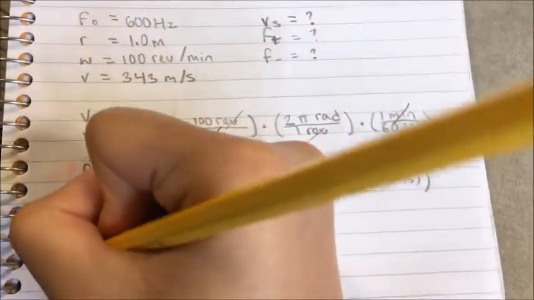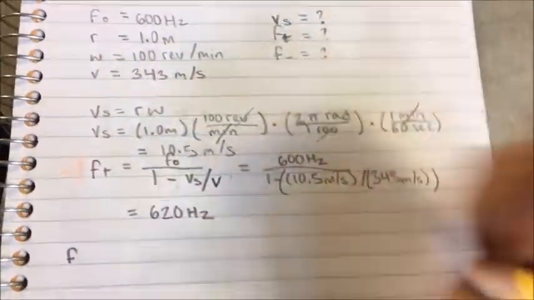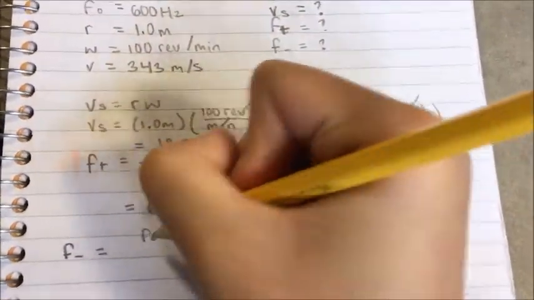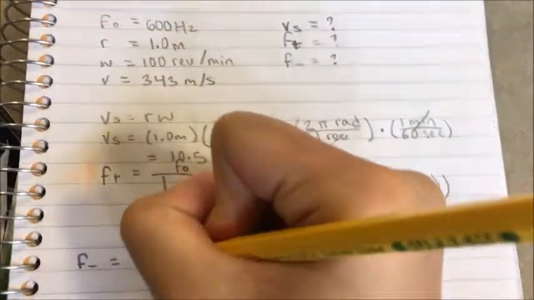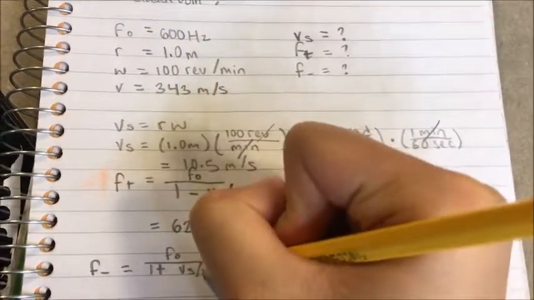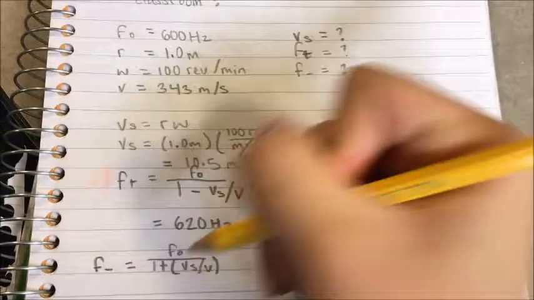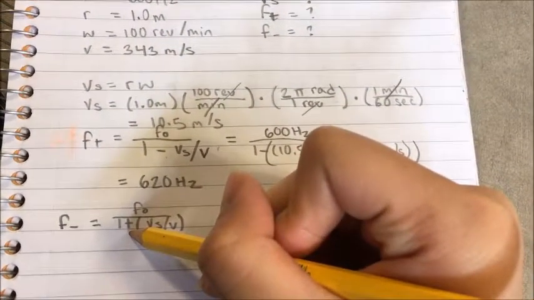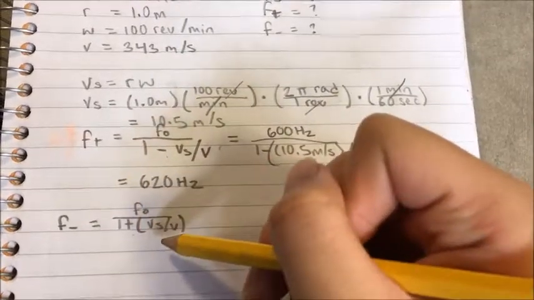And then we can calculate the frequency at the lowest, which is given by this formula. And this time we add because the source is moving away from the receiver.